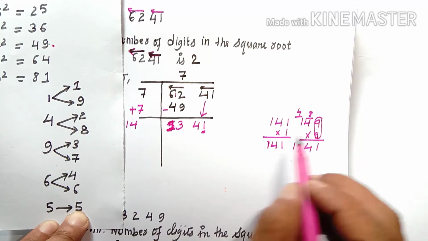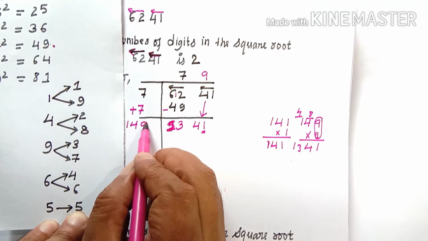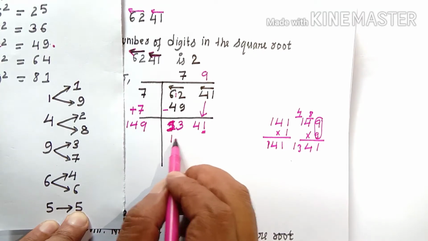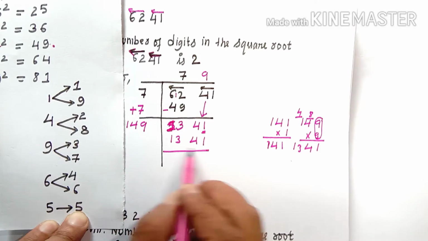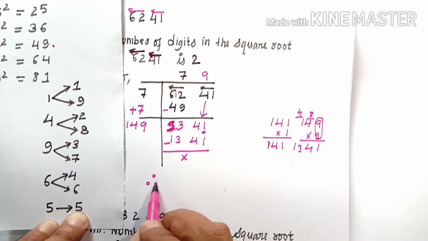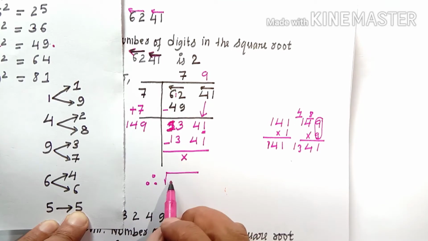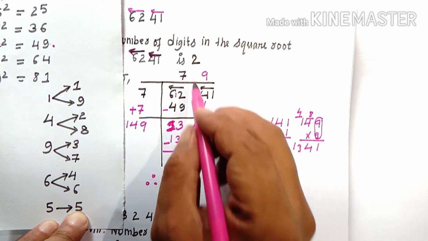This 9 you'll have to give at the quotient place, plus 1 at the divisor. So that is how we get 1341. Now we can subtract these two, same value, so it will be 0. Therefore the square root of 6241 is equal to 79.